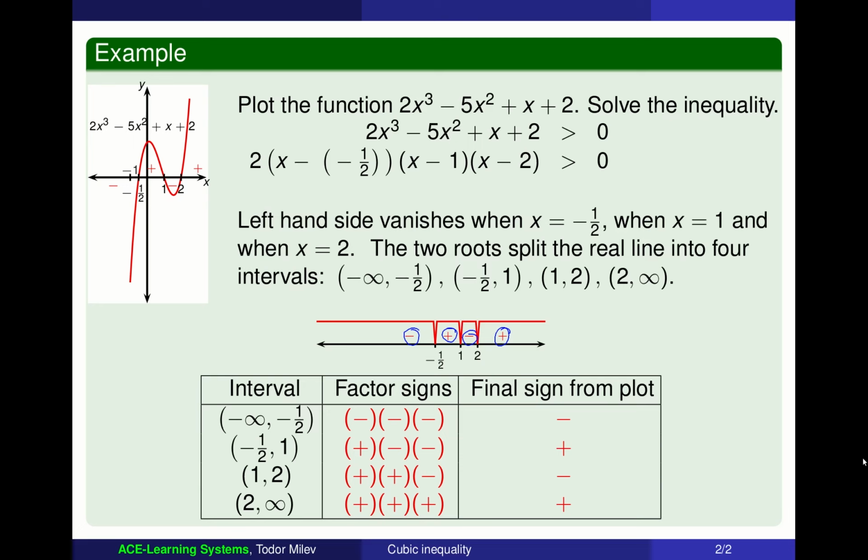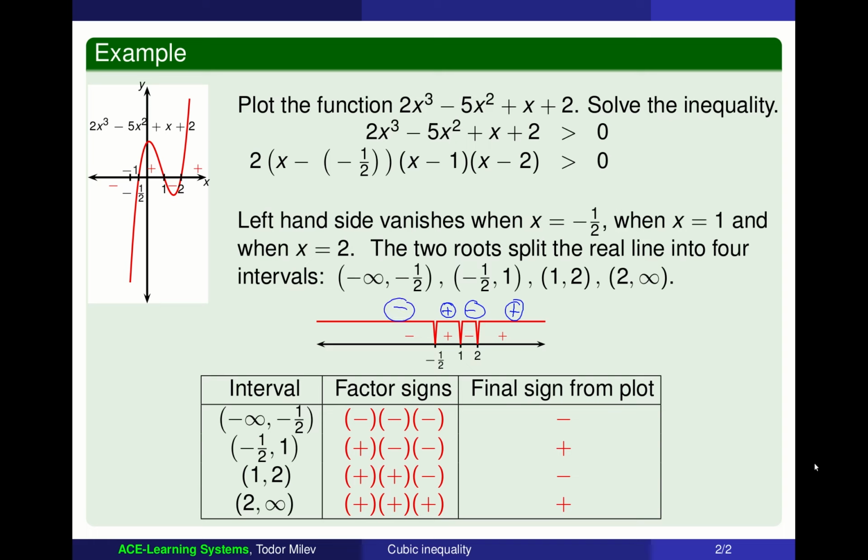This is almost always the case. There are exceptions, but most of the time that's the case. So most of the time, here's what happens. If you can determine that your function is positive for one single interval, then you can automatically fill in the rest of the signs by just alternating them, plus, minus, plus, minus.